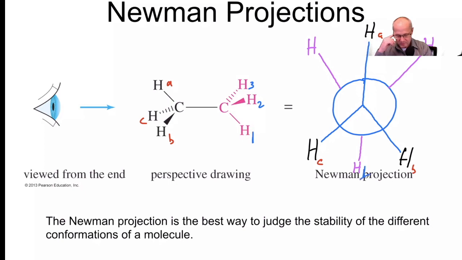Number 1 should go there. Hydrogen 2, which is this one, is up and to the right. Let me put that up here so you don't confuse it with H2. And that will be 3. Up and to the left. Okay? And that is how you draw a Newman projection of this particular molecule of ethane.